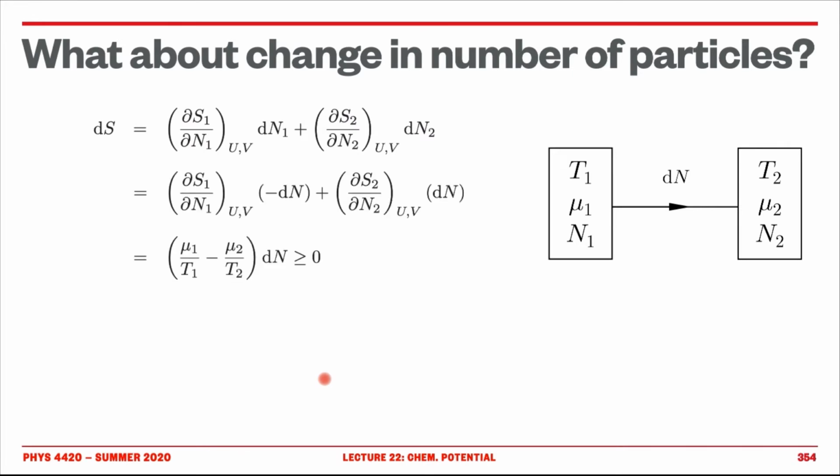And so in this slide, we have mu1 over T1. So you could say, well, mu1 and T1 have the same effect, and they do, because what you have to compare is mu1 and minus 1 over T1.